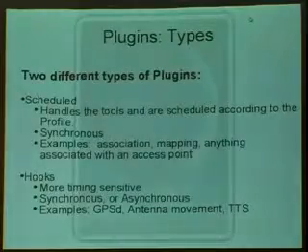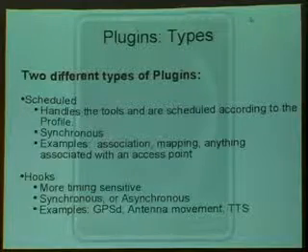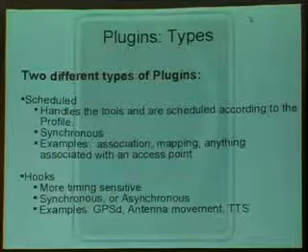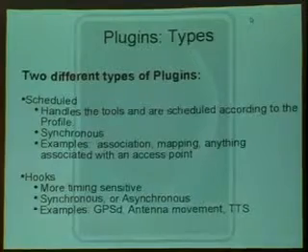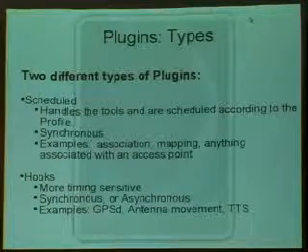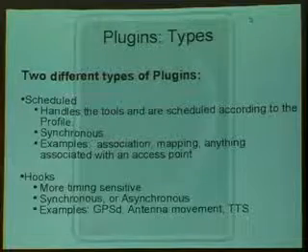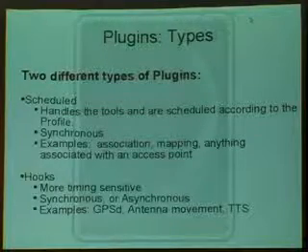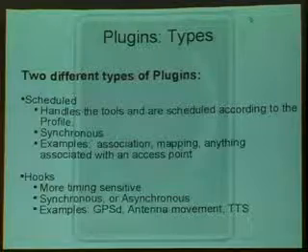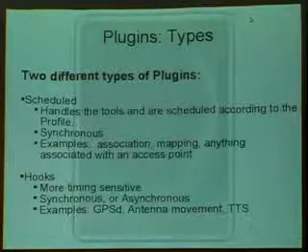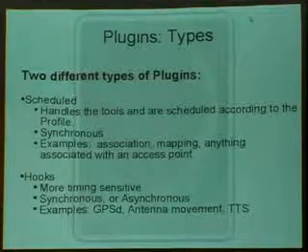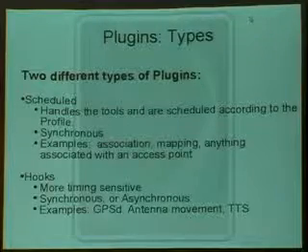Different types of plugins. I already talked about this, but basically you can schedule plugins so that you can have things like all your access point based plugins, things that are actually checking something on an access point. They'll be scheduled, whereas a hook, you want that to run immediately after those things happen. For example, moving an antenna.